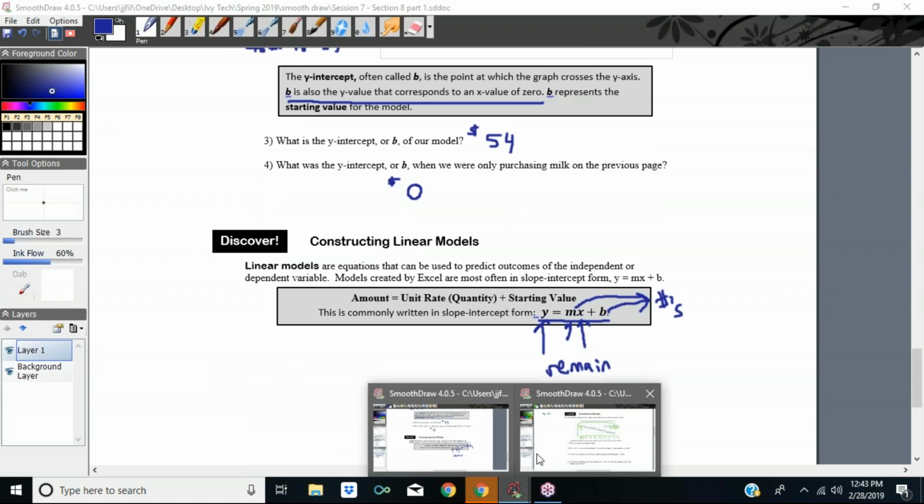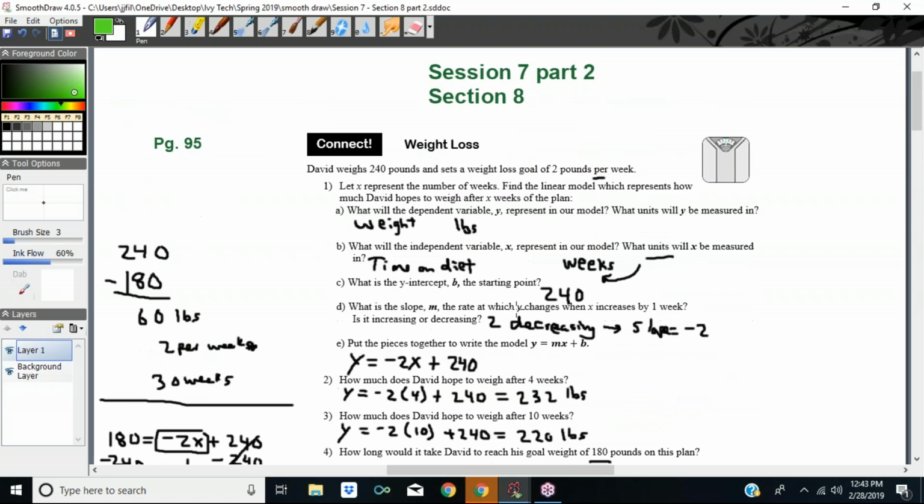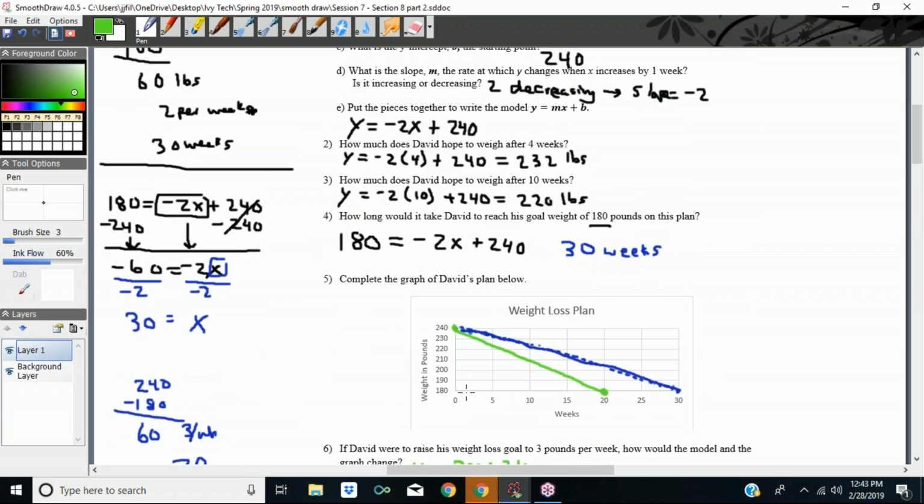On this other one, we were counting the weeks, right? 1 week, all the way to 20 weeks, or all the way to 30 weeks, and that's what was going in this spot, because the starting point here was 0.